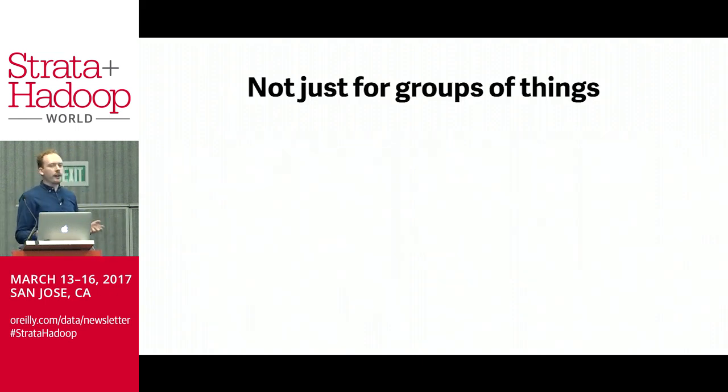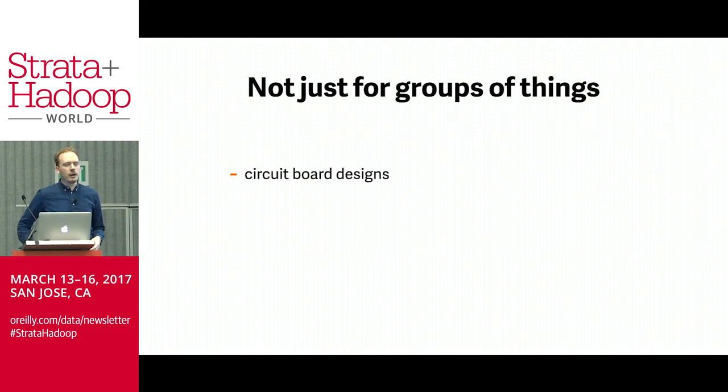So one of the really cool things about this technique, it's not just for things like choosing groups of things at a conference or wherever else. You can use this for all kinds of applications, and it's been used for things like circuit board designs. So trying to figure out, you have all these chips that need to be wired together in a certain way. I want to fit them inside of this thing.